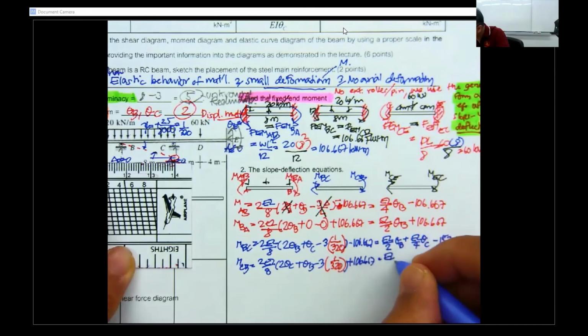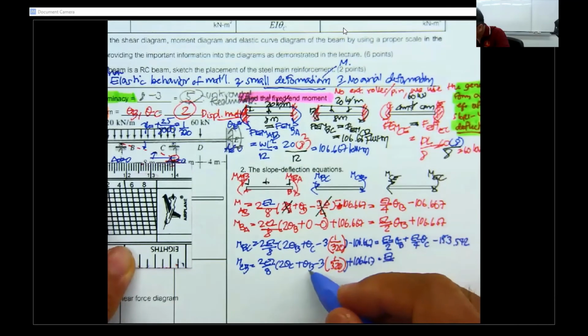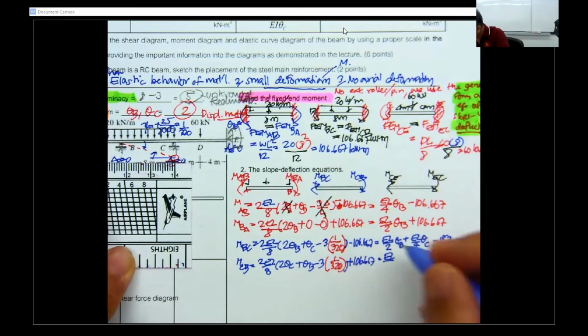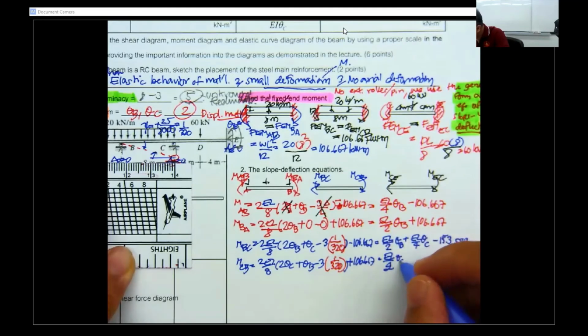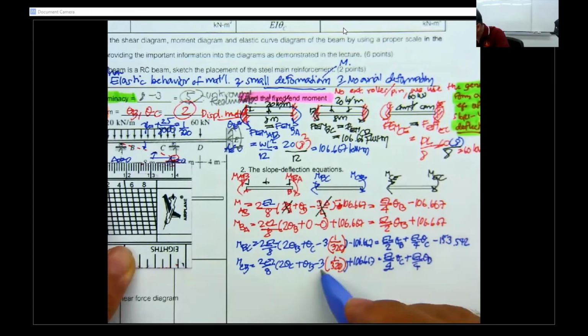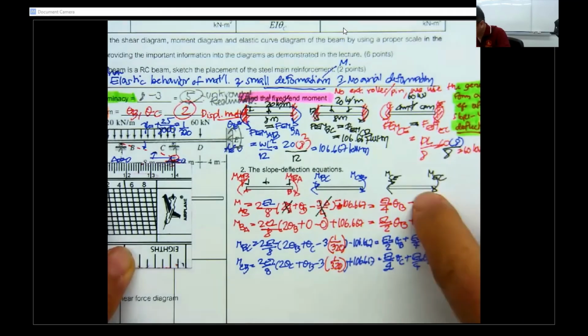So this one is going to be EI theta sub C first. EI over 2 theta sub C plus EI over 4 theta sub B. And then you times this one. It's going to be minus and plus here. Okay, when you have this one, it's going to be 59.792 plus 59.792.